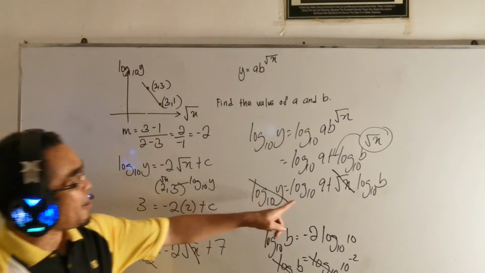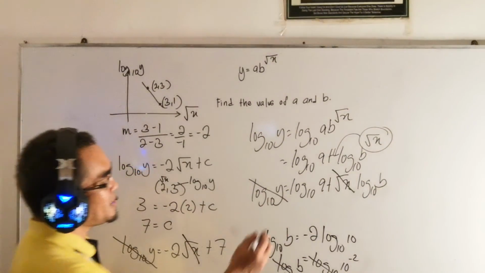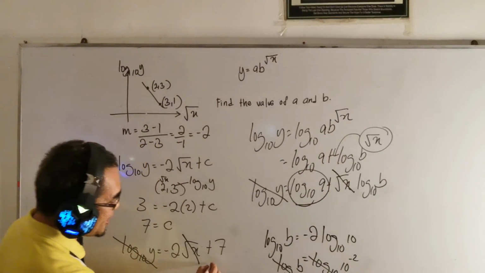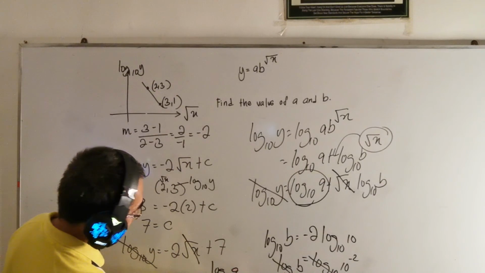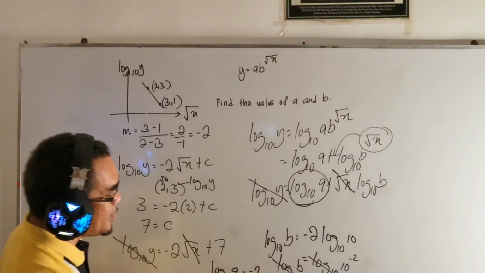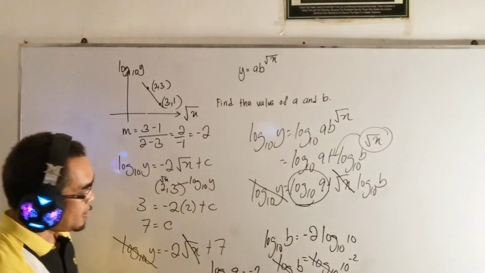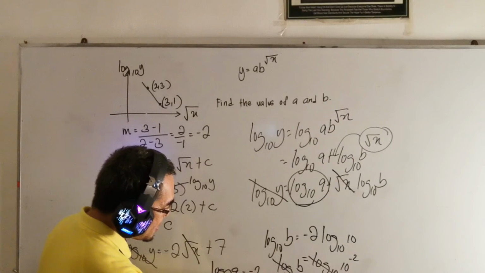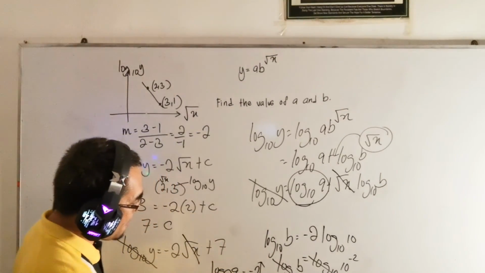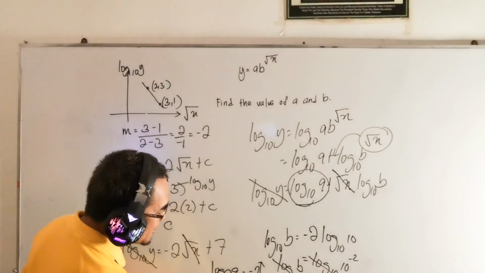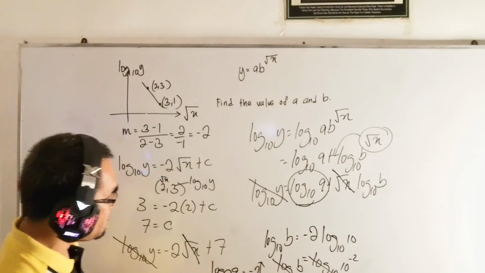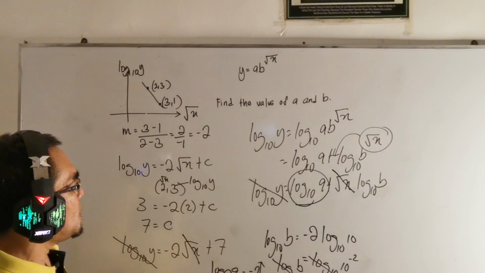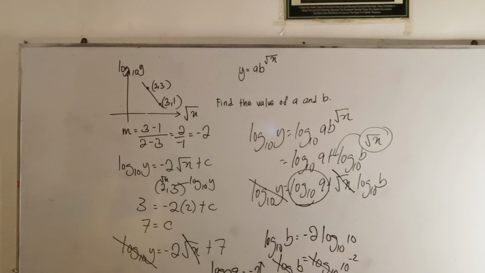Then we can compare log 10a, because this represents c, as there's no x there. So we say log 10a equals... Oh, I think there is a mistake there.